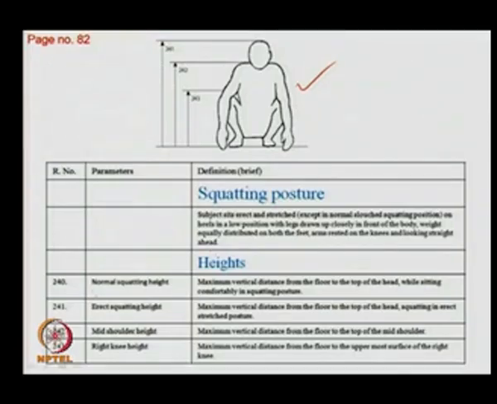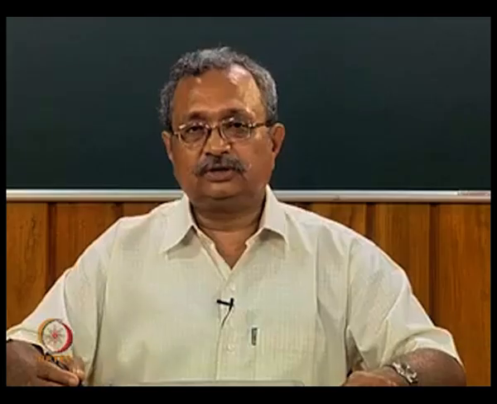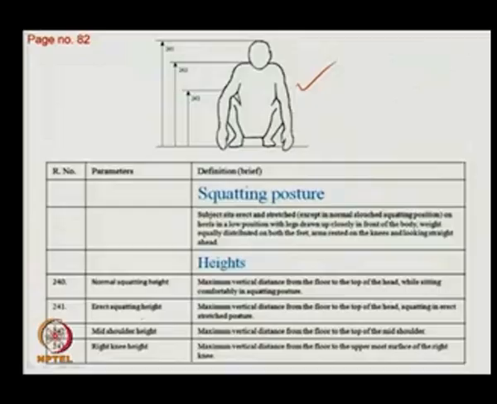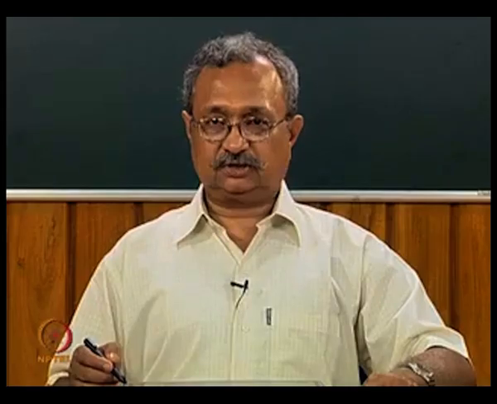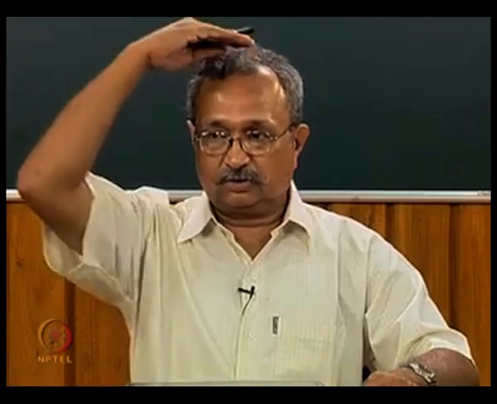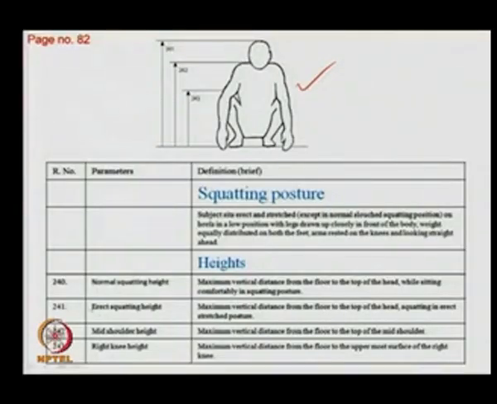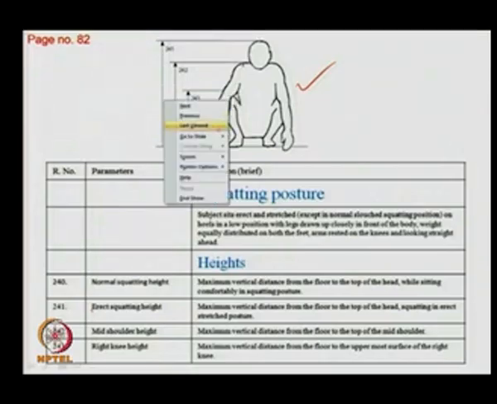Now, the normal squatting height means when we are in a normal squatting position, a little slouched, and the erect squatting height is when we are stretched erect, the total height from the floor to the top. The mid shoulder height and the knee height, the knee top point, these are the different heights.